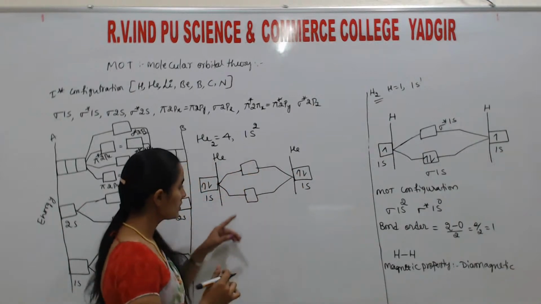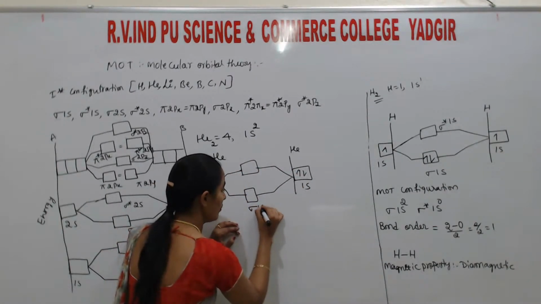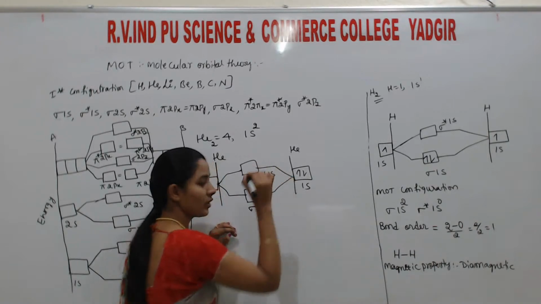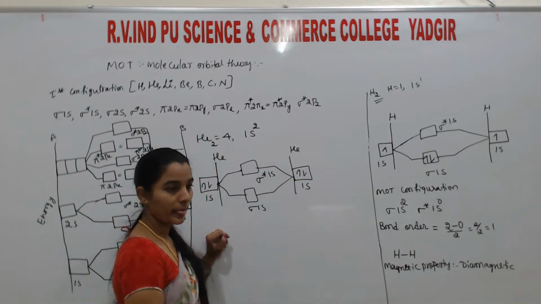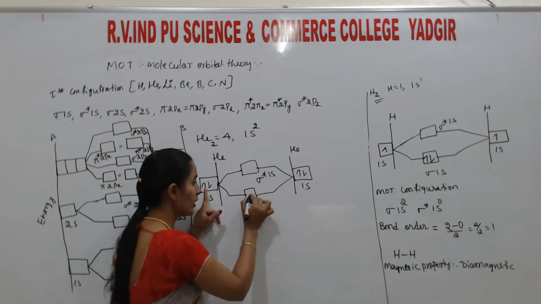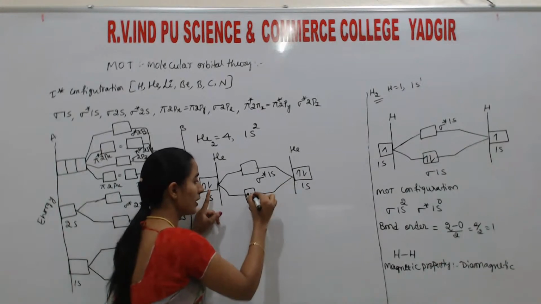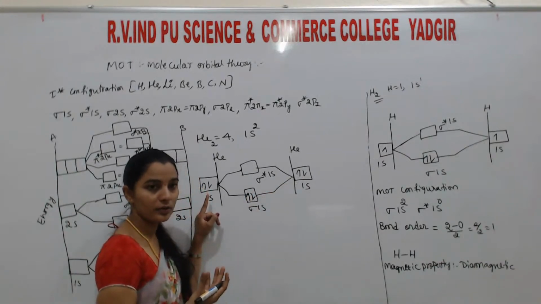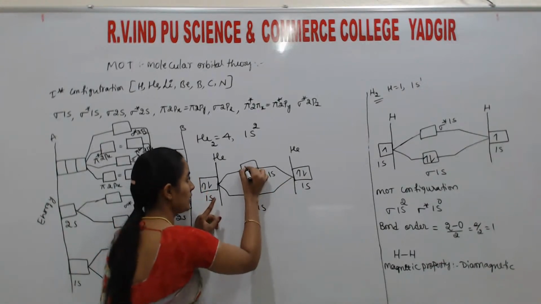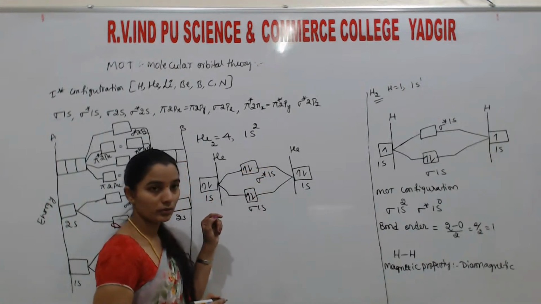So students, here this is sigma 1s, this is sigma star 1s. Initially in the lower energy orbital, 1 electron fills up, and from the other atom also 1 electron. Then how many electrons are left? Again 2. So here it is the 3rd, 4th.